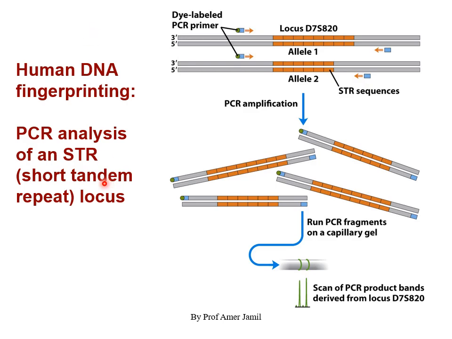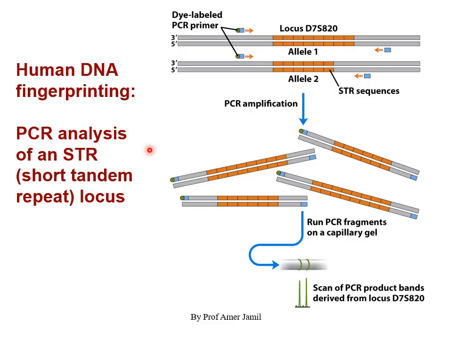In human beings, there are short tandem repeats present in various regions of the DNA. These are identified with the help of research, and these are called DNA markers.